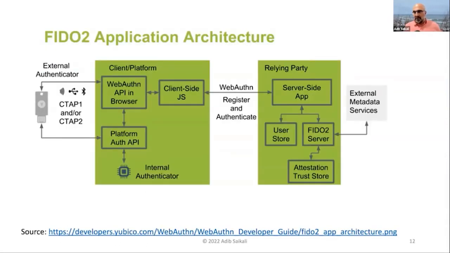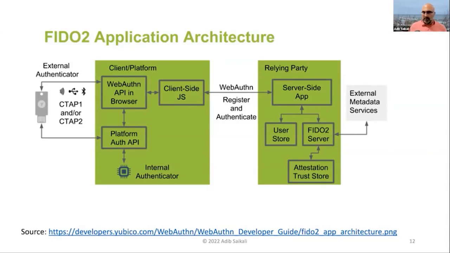So here's kind of more of an architecture diagram that shows how this works. On the client side, you're going to have the web browser. It's going to download some JavaScript from the server-side application known as the relying party in the terminology of the protocol. And what will happen is that you're going to do two things. One is you're going to first register the authenticator, which is what I did, just one flow.